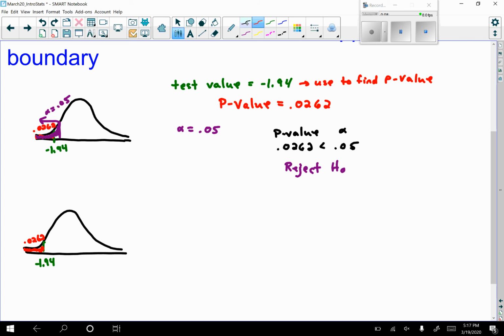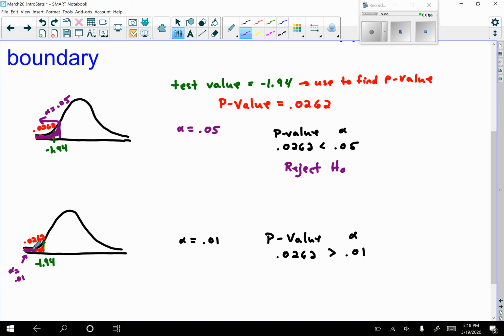This is the 0.0262. But now let's say alpha is equal to 1%. So if I compare my p-value to alpha, this is the 0.0262 compared to 0.01. This is now greater. Graphing this over here, let's say that this part right here is alpha equal to 0.01.